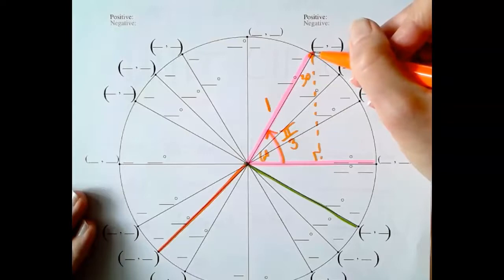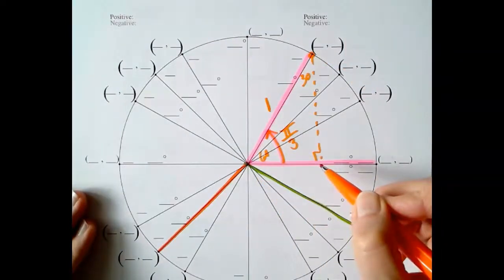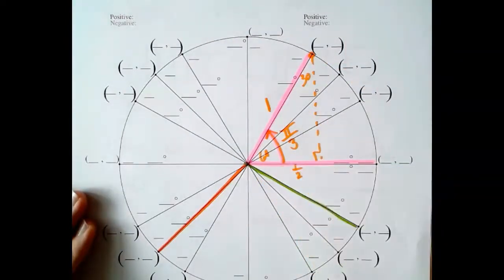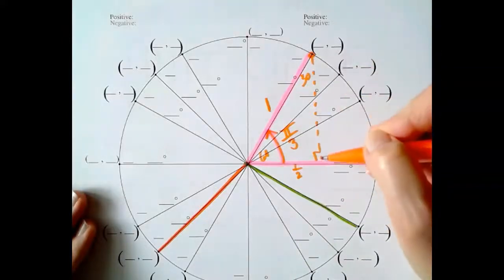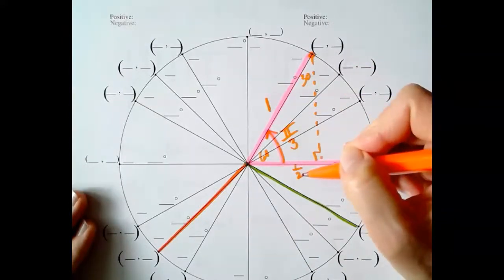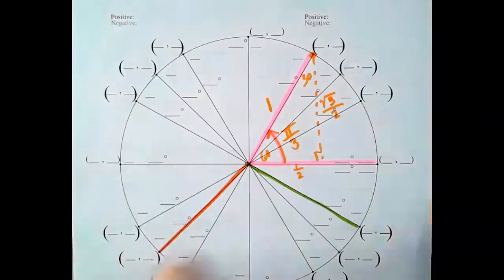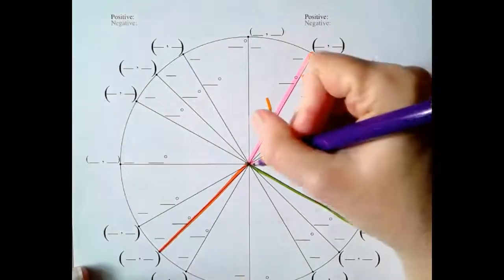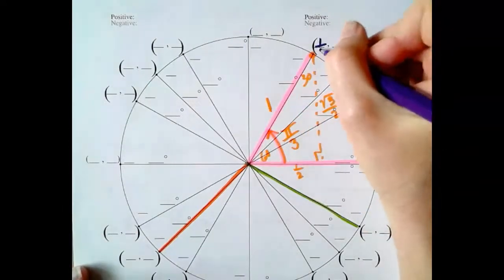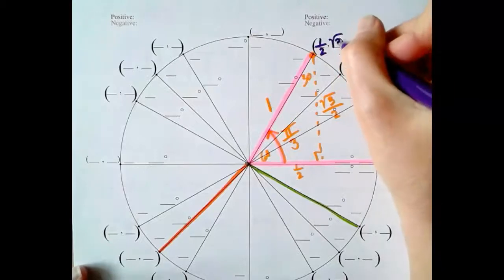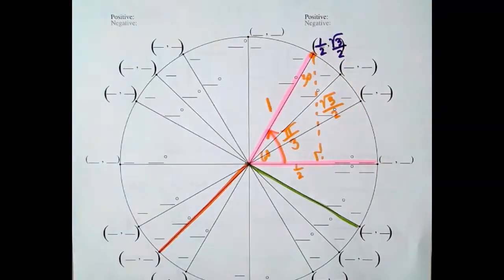If our hypotenuse is 1, our short side is half of that, which is 1/2, and our long leg is simply 1/2 times the square root of 3, so root 3 over 2. So that translates, of course, to the coordinates 1/2, up root 3 over 2.